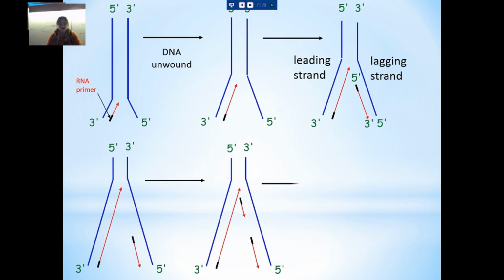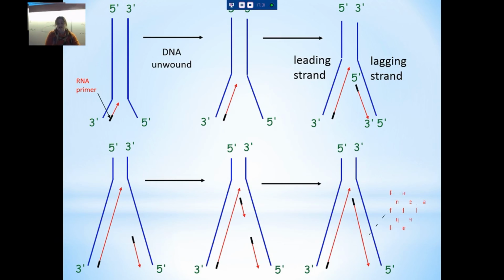And this works just the way I described it on the board. As this polymerase complex moves down, opening the replication fork, these lagging strands are fused together by first removing the RNA primer, by breaking it down with an exonuclease function, and then an enzyme comes in that ligates the new DNA together.